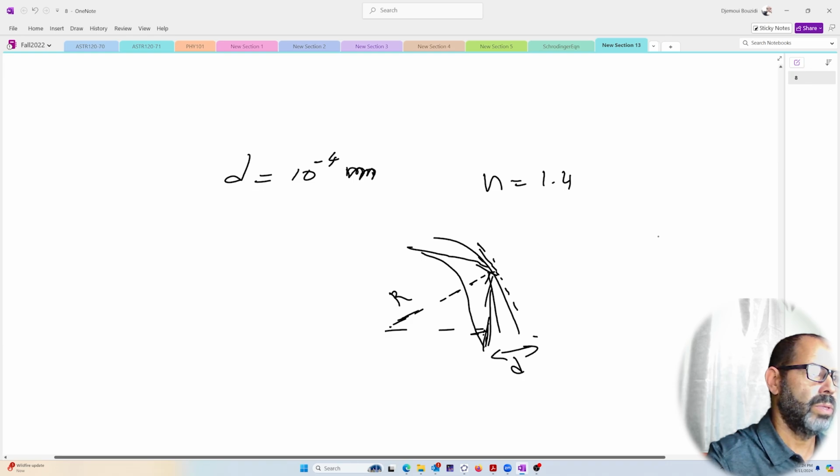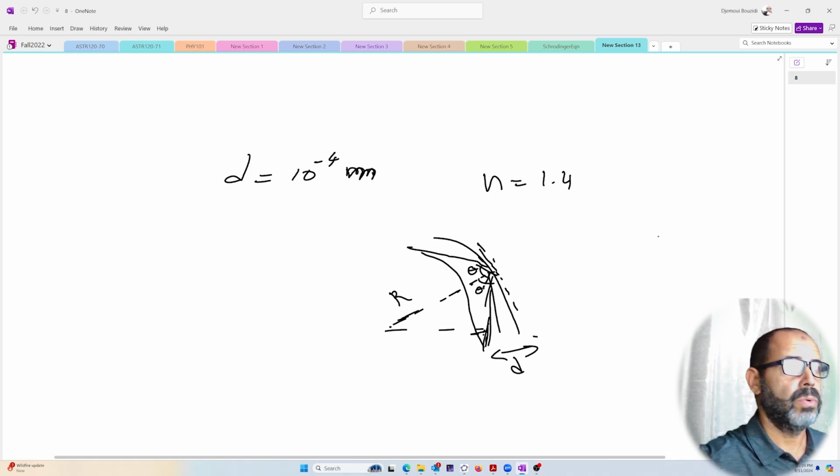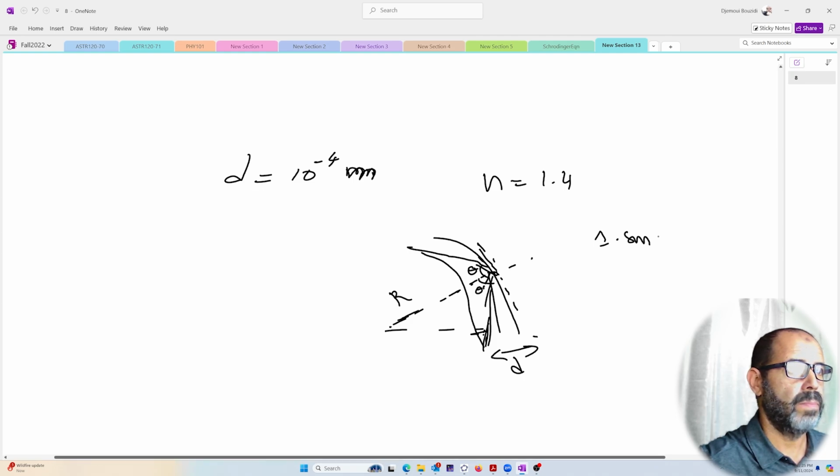Okay, so this is the angle of incidence, and this is the angle of reflection. These two angles must be the same. There is no refraction in here. So in other words, 1 times sine of theta that is going to emerge from the other side must be 90 degrees.